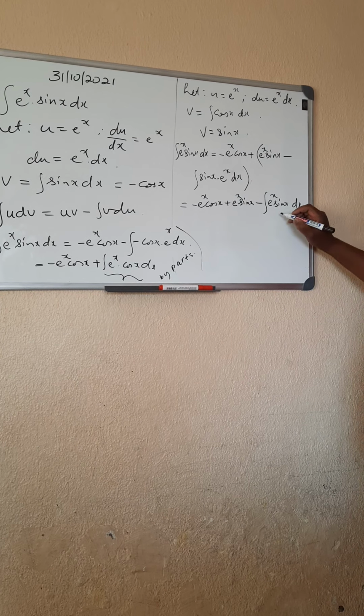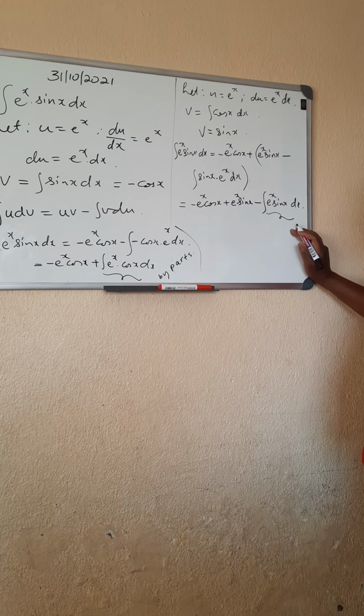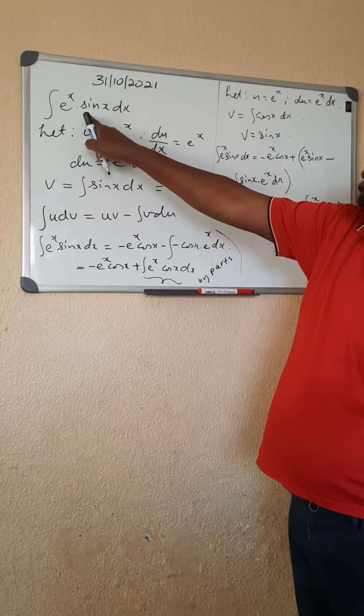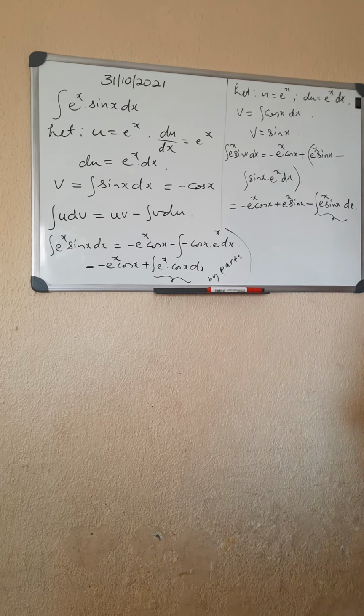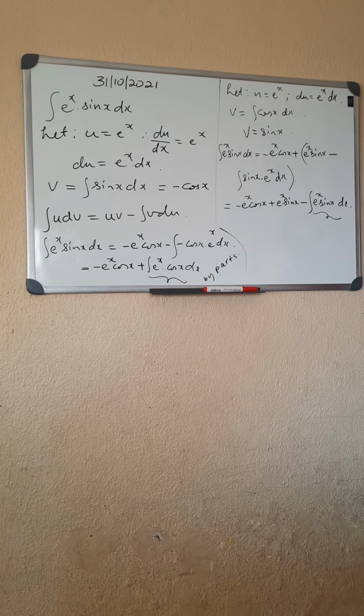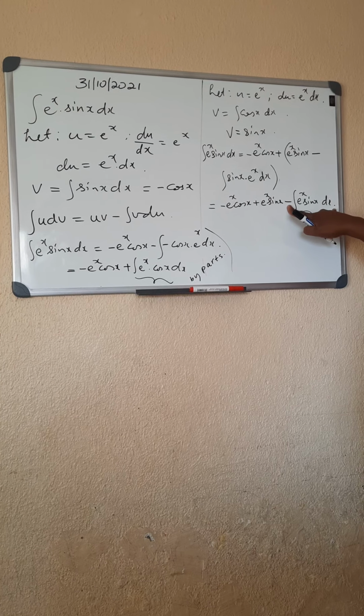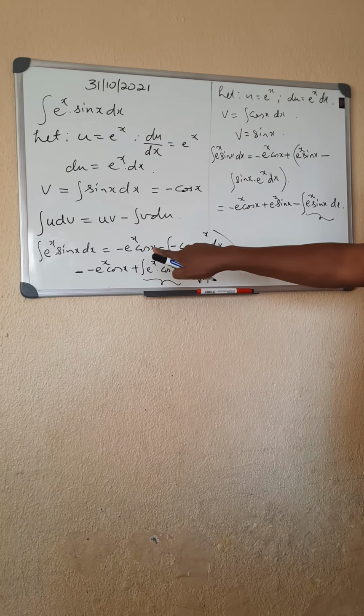Now it means when we look at this, we are back to the very first problem. Now what then do we do? We will then be forced to take this part and transpose it to the left hand side.